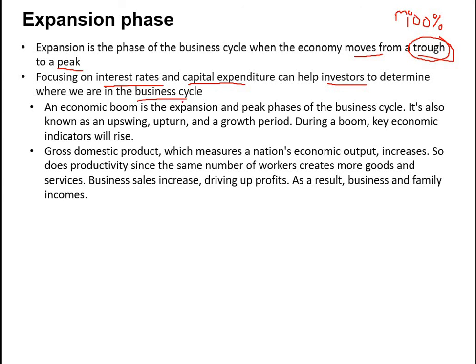An economic boom is expansion. We have what we call a boom, as we indicated from that diagram, and peak phases as well of the business cycle. So usually they are known as the upswing, upturn, the growth period. Because if you are at peak, ladies and gentlemen, remember that the current inflation target rate in South Africa is between 3 to 6.